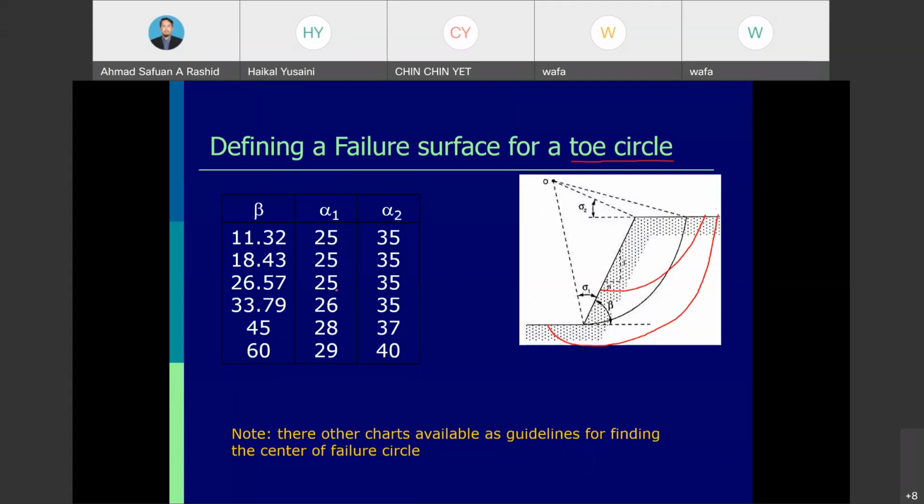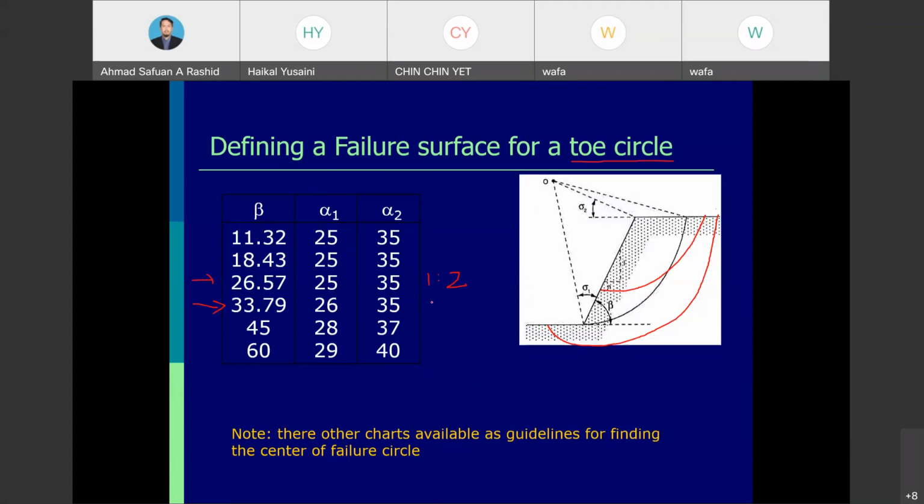First we need to know what the beta value is. For example, if we refer to 33.79 or 26, 26 is one vertical to horizontal.